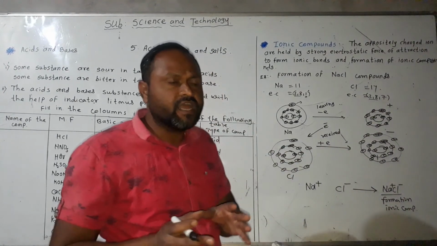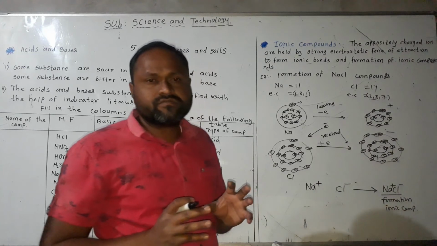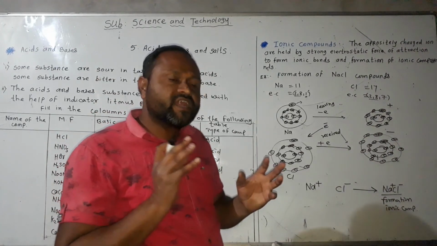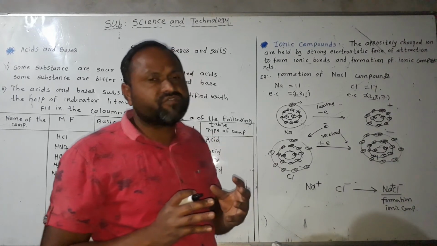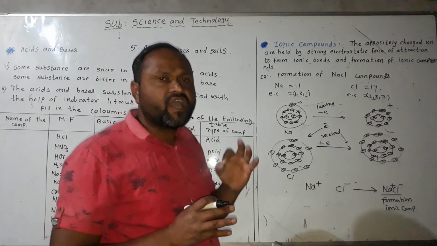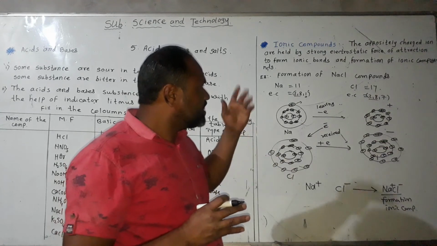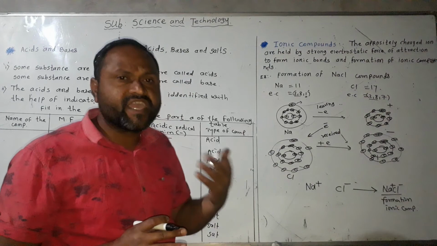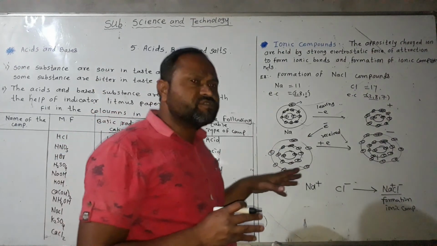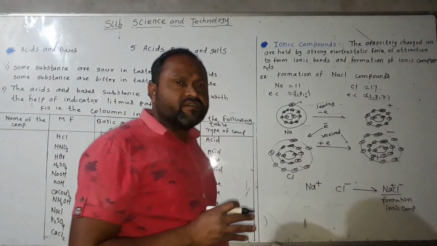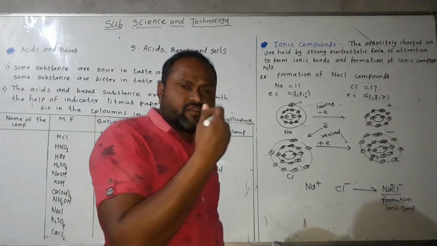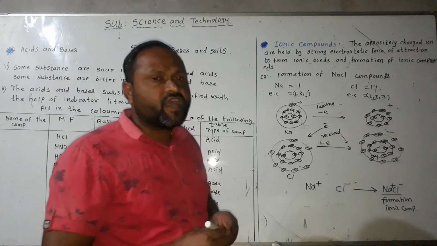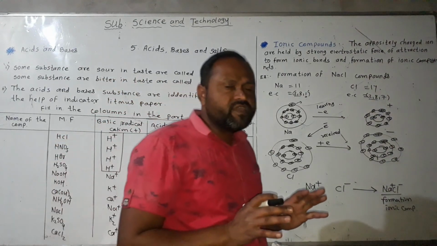Other examples are calcium chloride, magnesium chloride, KCl; all these compounds are made by losing electrons and receiving electrons to form ionic compounds.